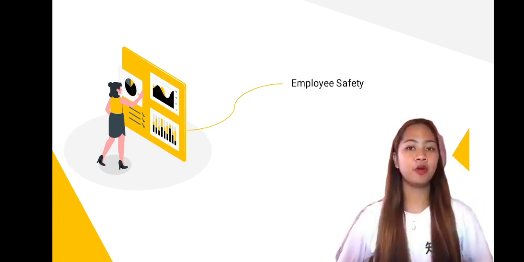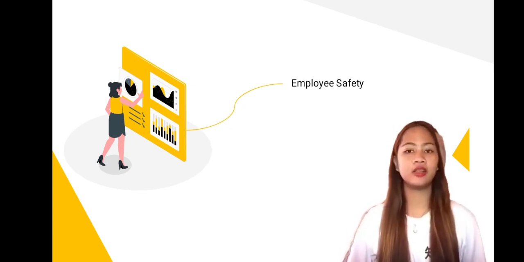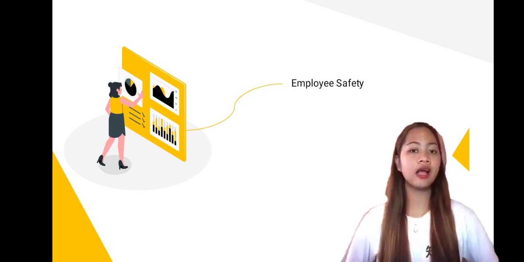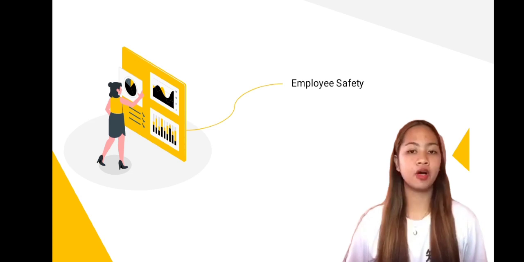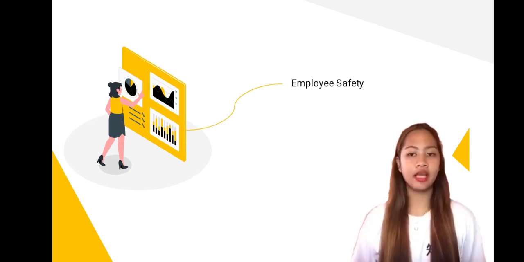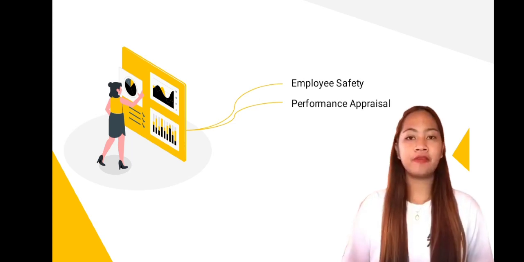Number 7, employee safety. Through a proper job analysis, the analyst can know the health hazards and accidents associated with a job, and by knowing them, proper steps can be undertaken to eradicate those situations. Number 8, performance appraisal.